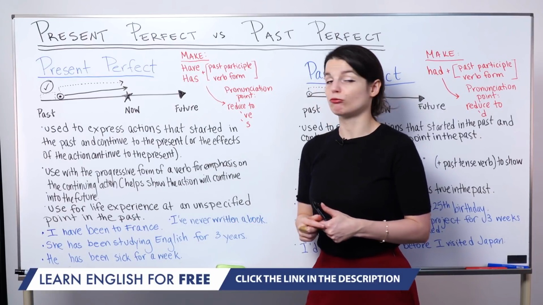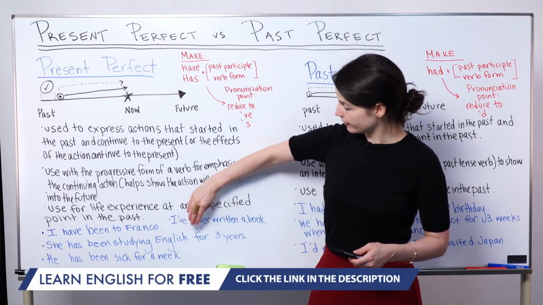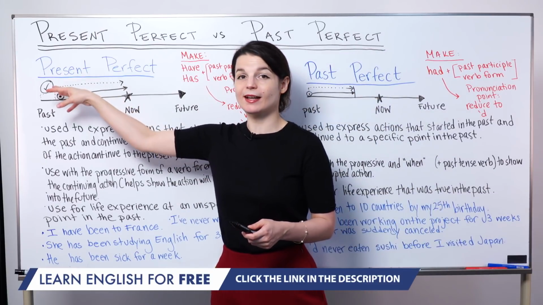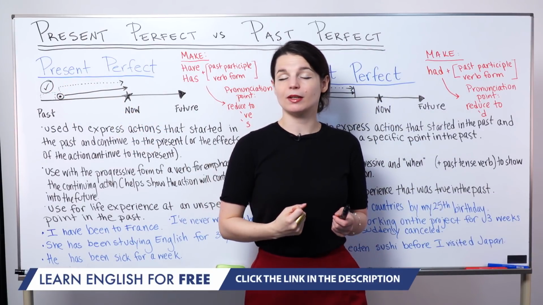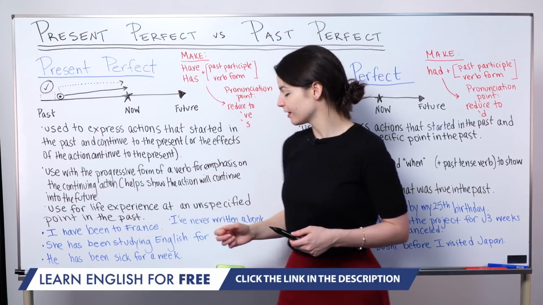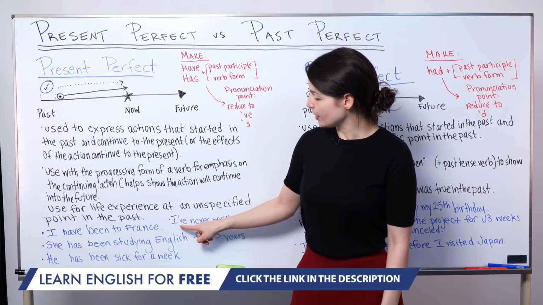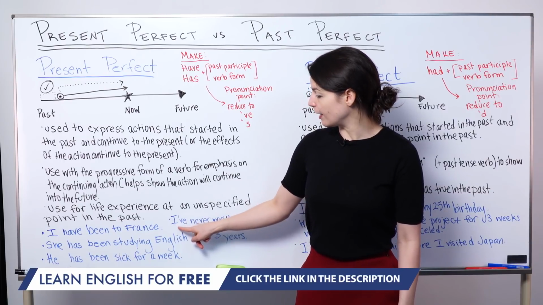I've never written a book. This sentence, I've written a book, means at some point in the past, I had the experience of writing a book. This, however, means no experience.